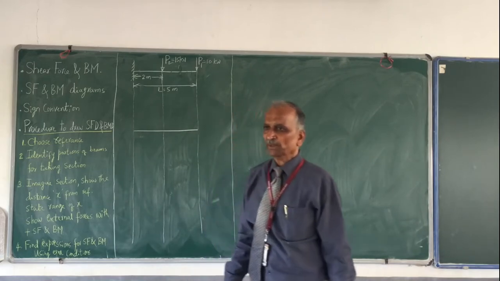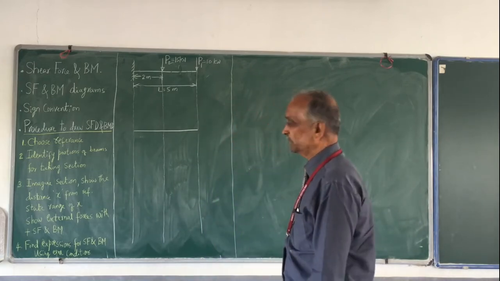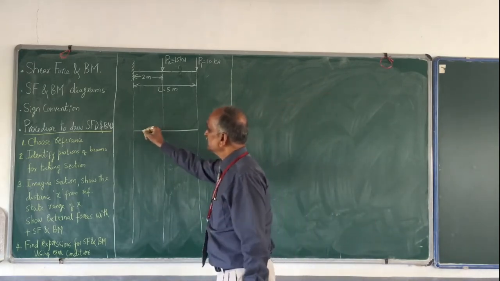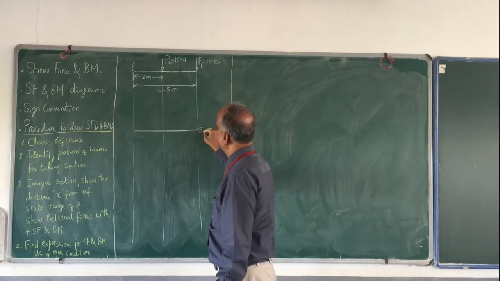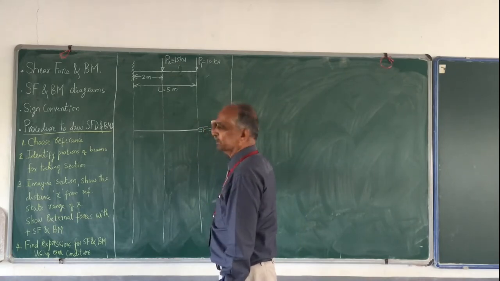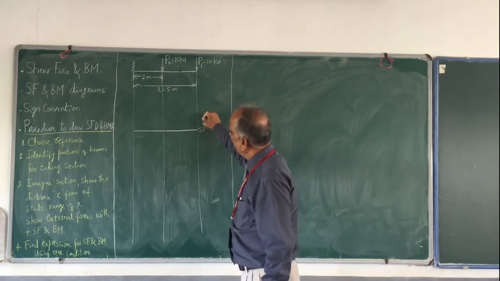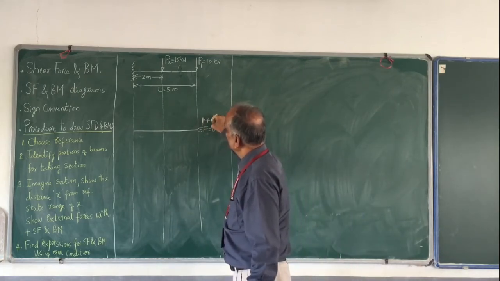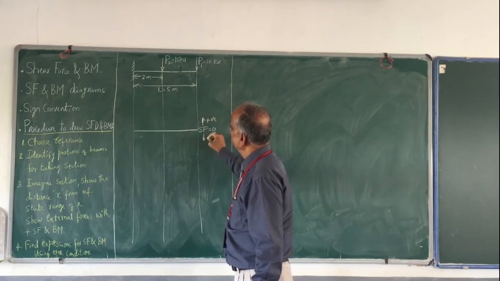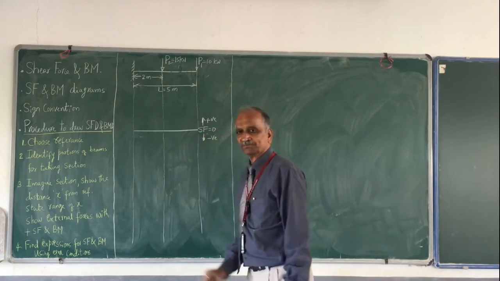This is to get ready to draw the shear force diagram, and this line indicates shear force equal to 0. Upwards is positive shear force, and downwards is negative shear force.